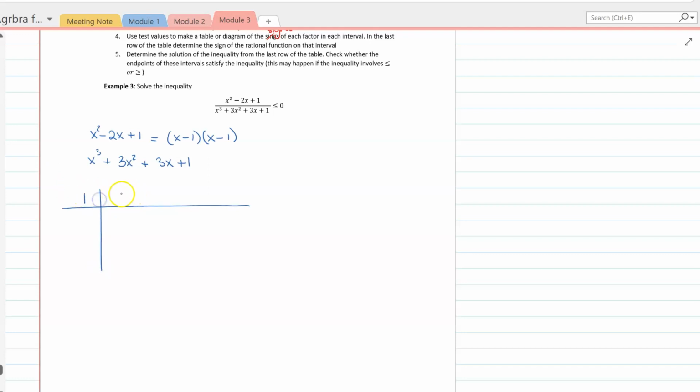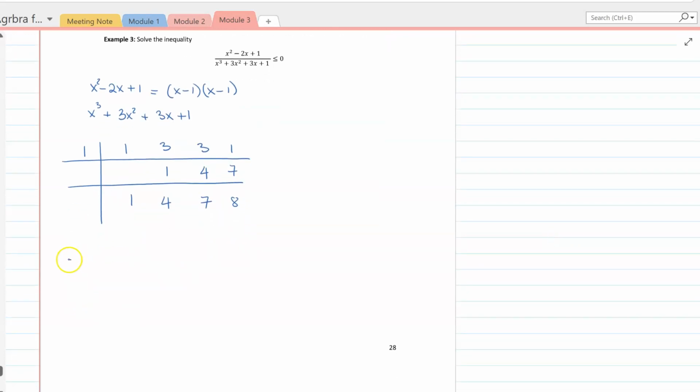So it's 1, 3, 3, 1. We bring down the 1. So x minus 1 is not a factor.